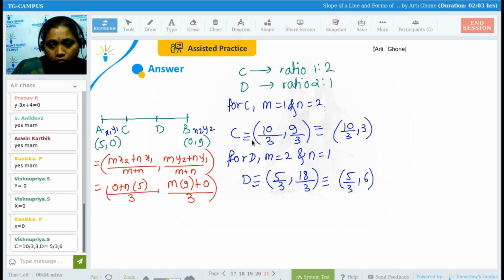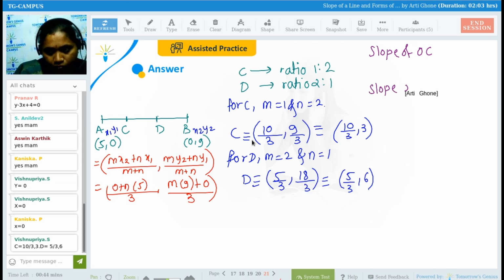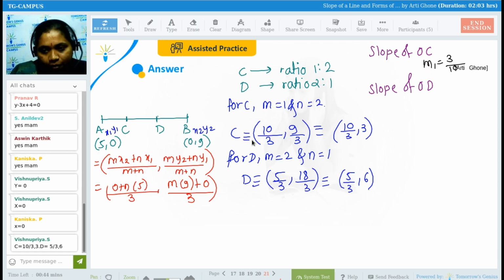Clear? So what is the slope of OC? O is (0, 0). Okay, so it is y2 minus y1, so it is 3 minus 0. Got it? Clear? So m1 is equal to 3 minus 0 upon 10 by 3.